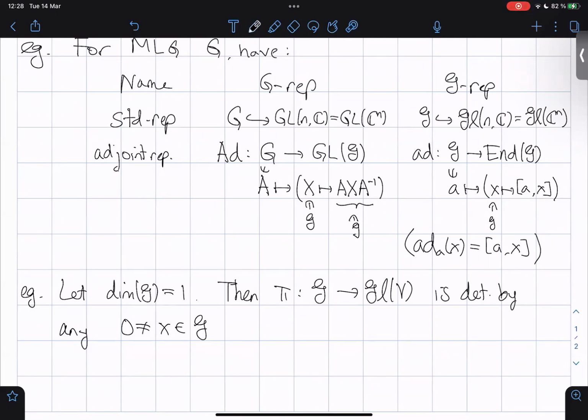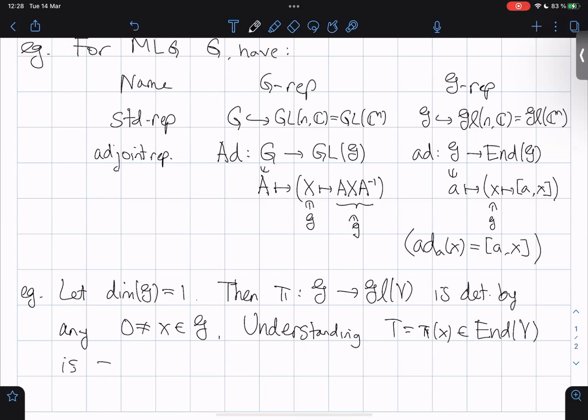So pi of lambda x is lambda pi of x. But what is this pi of x? It's just a linear transformation. So understanding this is the study.